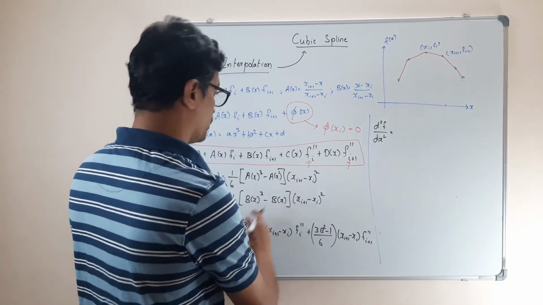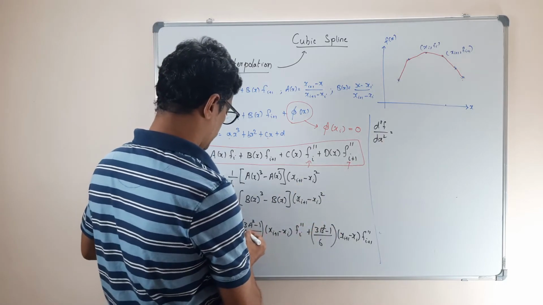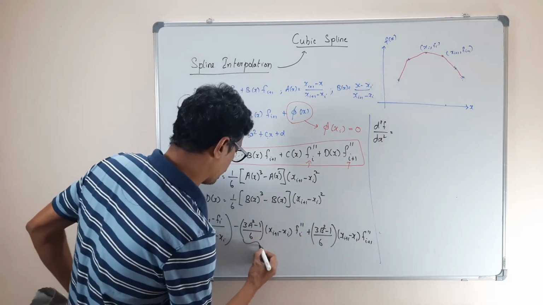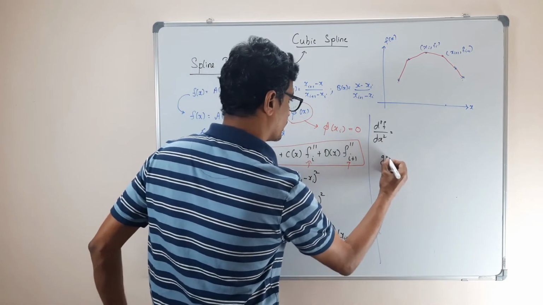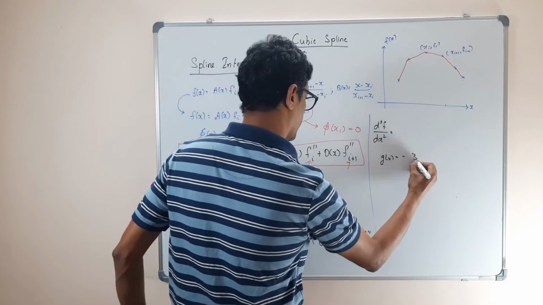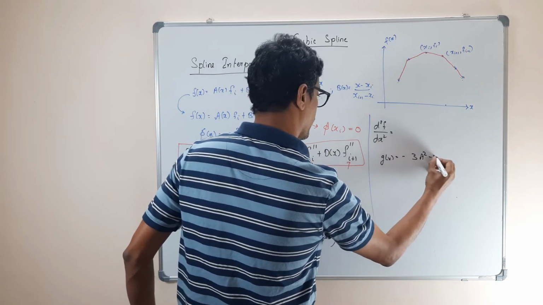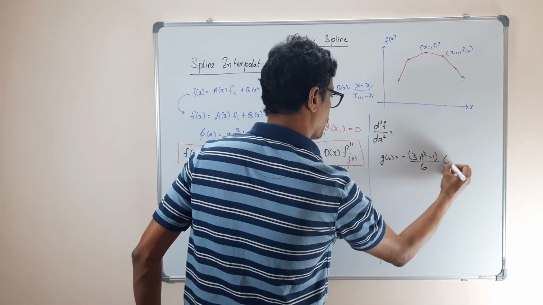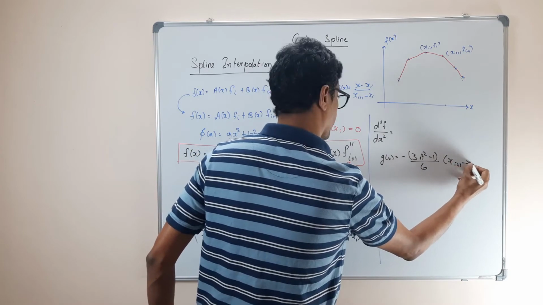Let us take this function as g of x equal to minus (3a square minus 1) by 6 into (xi plus 1 minus xi).